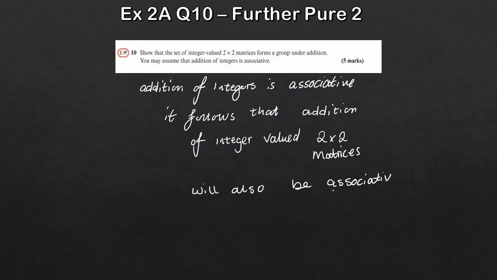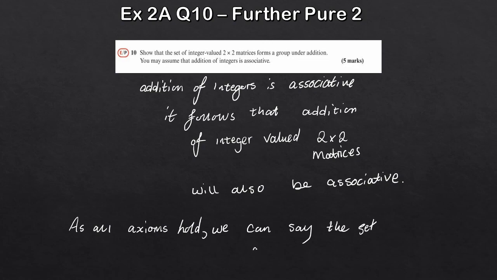And finally, let's make a little comment. As we've satisfied all the conditions, the identity, the inverse, closure, and associativity, because all axioms hold, we can say that the set of integer valued two by two matrices forms a group under addition.